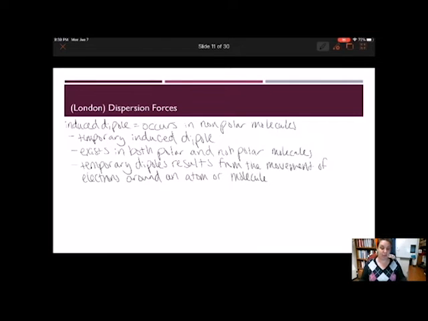So we can have some disturbance in that electron cloud causing a shift in one direction or another, causing an instantaneous or induced dipole to occur, where we have a partial negative charge and a partial positive charge on a molecule for an instant.